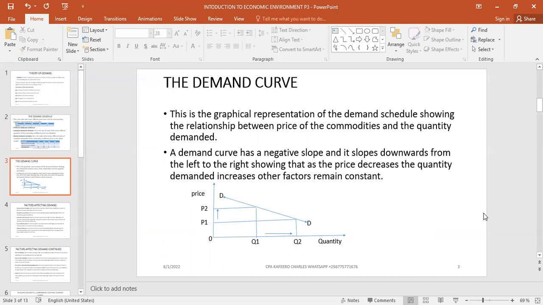So we expect, basing on the law of demand, that when the price is increasing, we expect the quantity to be reducing.